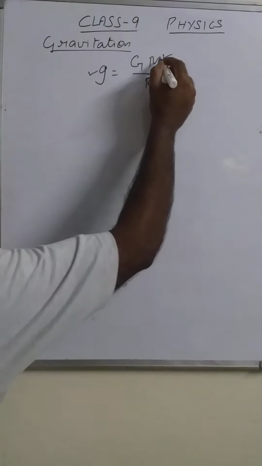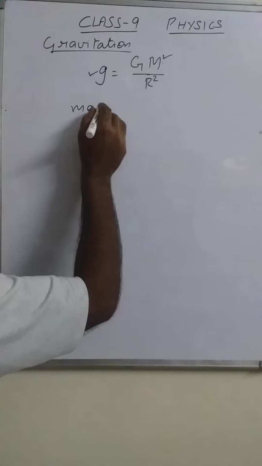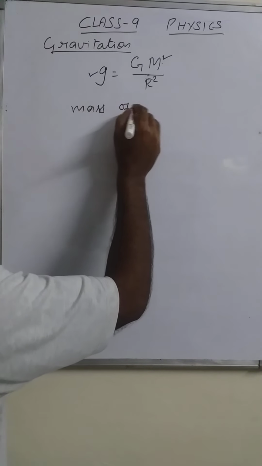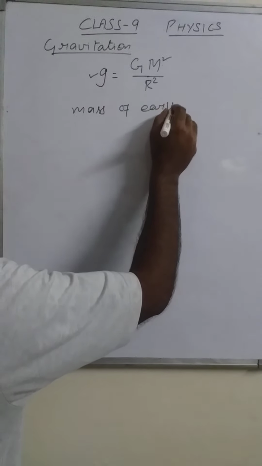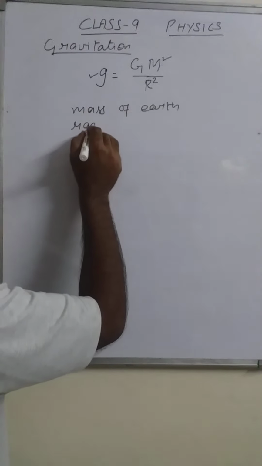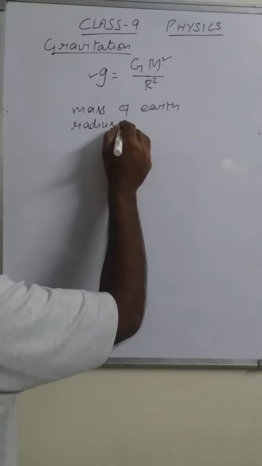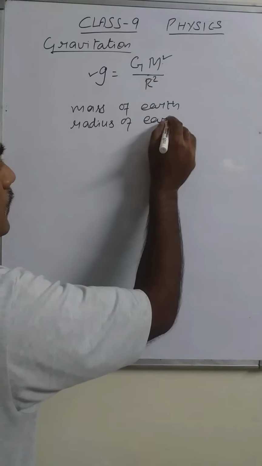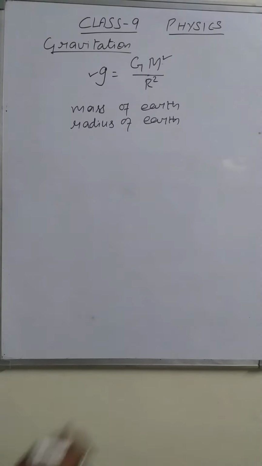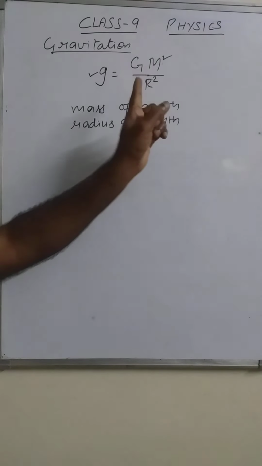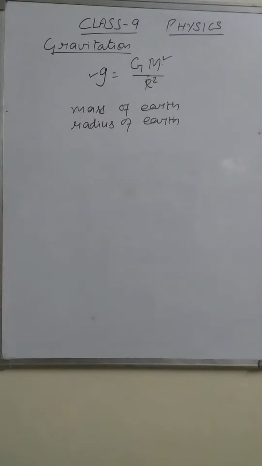So we can say this is the mass of Earth and this is the radius of Earth. If we take the object to other planets, then it is the mass of that particular planet and the radius of that particular planet.